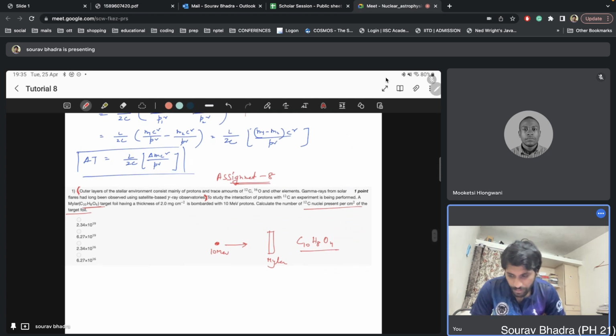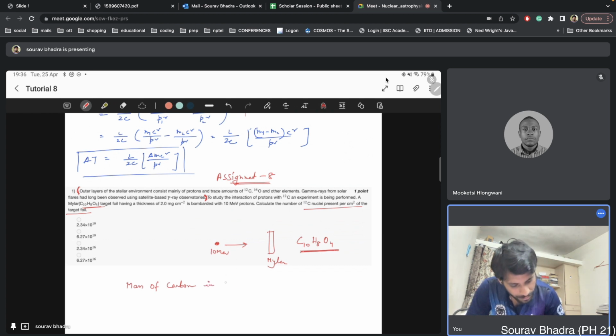If you calculate the mass fraction, carbon has 12 mass, that means 10 carbons have 120 mass, hydrogen has 8, and one oxygen has 16 mass. I will not do the full calculation, but the mass of carbon in mylar you will get is 62.5%.